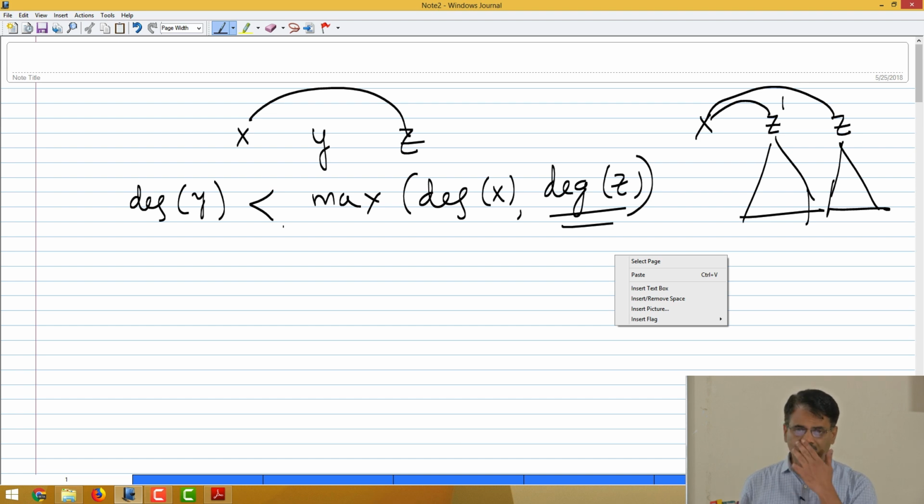It also cannot have a complete subgraph K_{m+1}, because if you had one with z prime, you should have had one with z also, since z prime is actually a twin of z. So is it clear that I have a new graph with more edges and it still does not have a complete subgraph on m plus 1 vertices? So it contradicts the fact that I am looking at a graph with the maximum number of edges. So this is case 1.